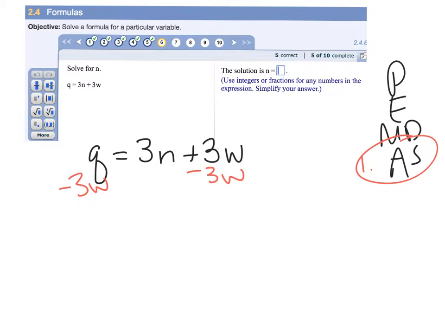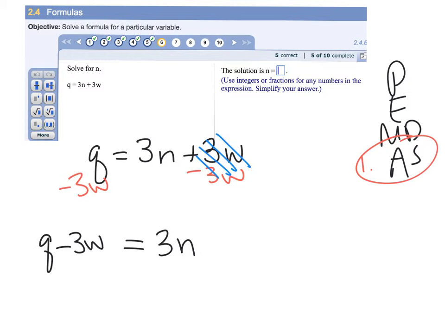So plus 3W minus 3W, that equals 0. We end up with 3N on the right, and we have Q minus 3W on the left.